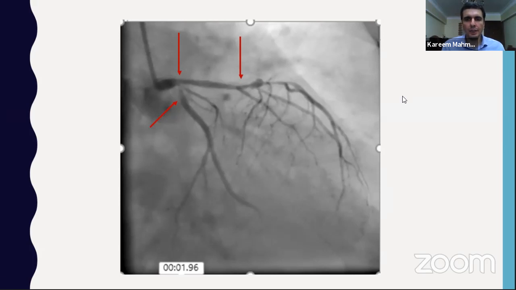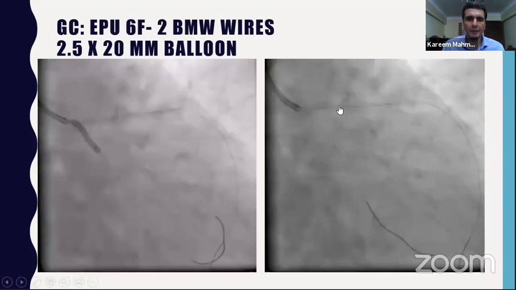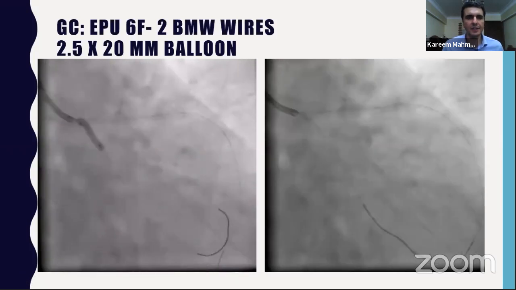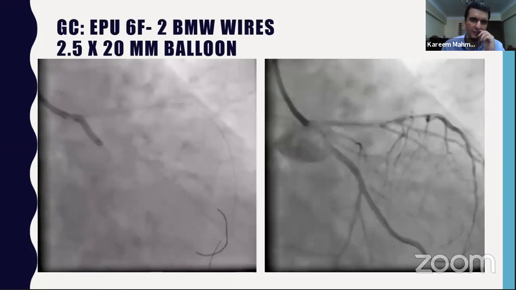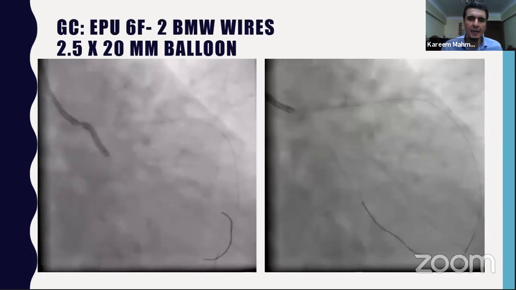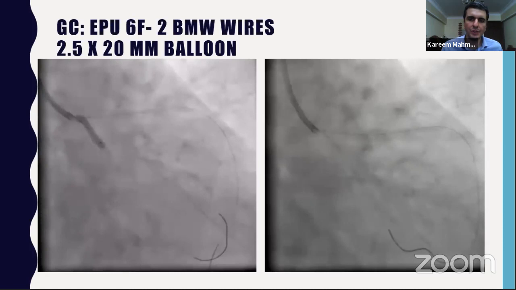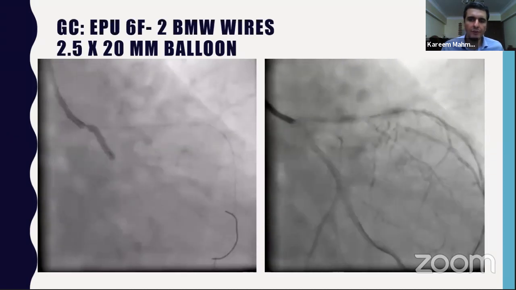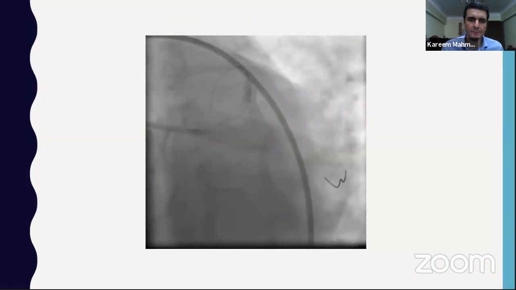So after planning our procedure, I used a 6 French EBU guiding catheter with 2 wires, one in the LAD and one in the LCX, and I did a balloon dilatation into the ostium of the LCX with some improvement of the flow in the LCX.